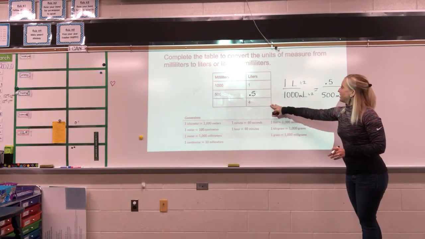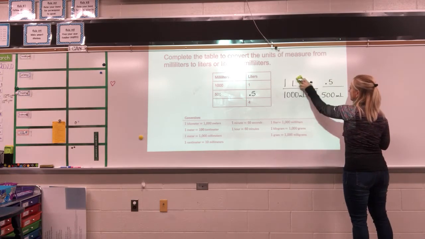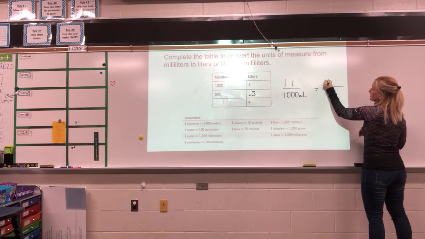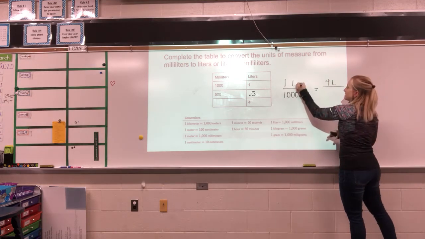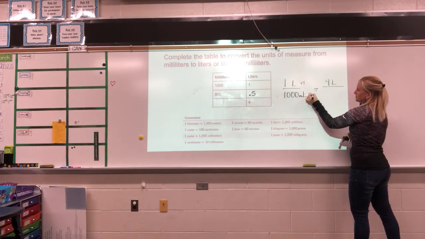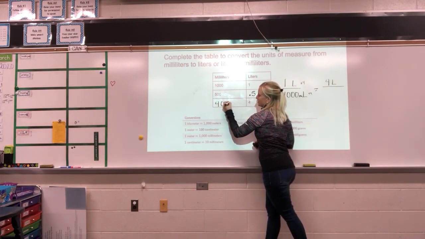Then, again, using my equivalent fraction method, now they tell us, 4 liters is how many milliliters? So 1 times 4 is 4, so 1,000 times 4 means it's going to be 4,000 milliliters.